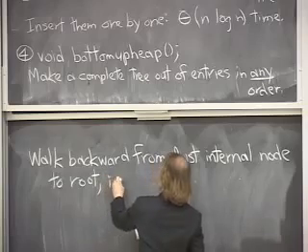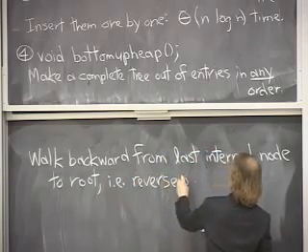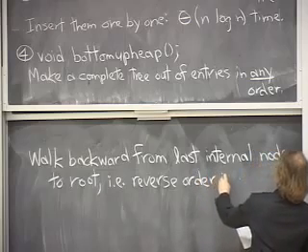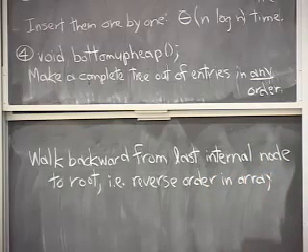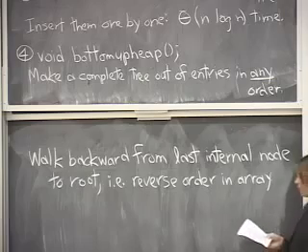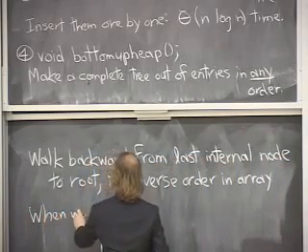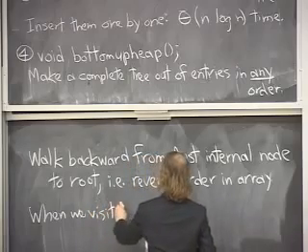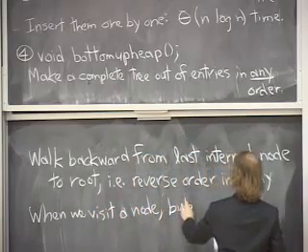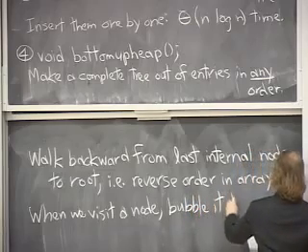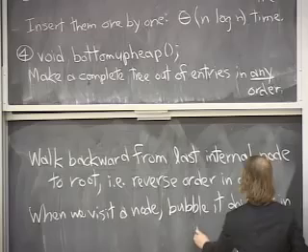Or in other words, you walk through all the elements in the array in reverse order. And for each internal node that you visit, you bubble its entry down, just like we do in remove min.